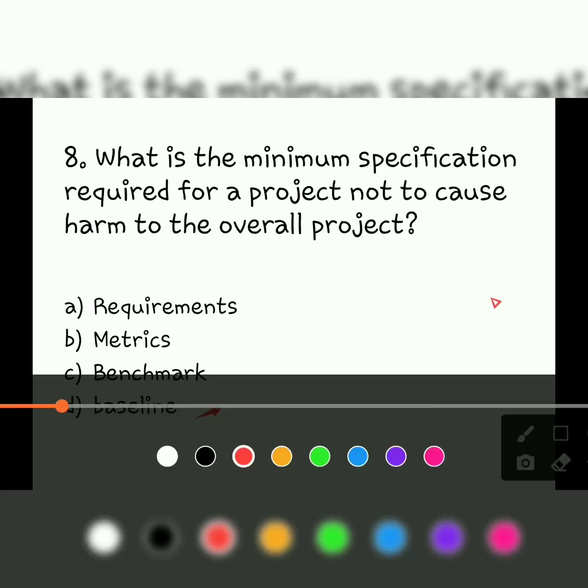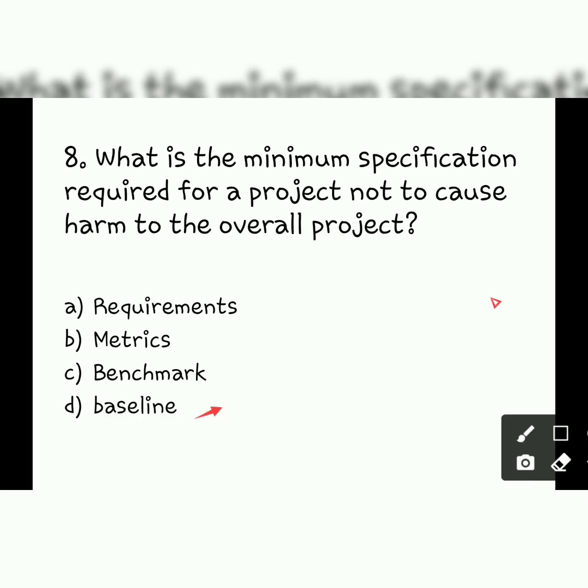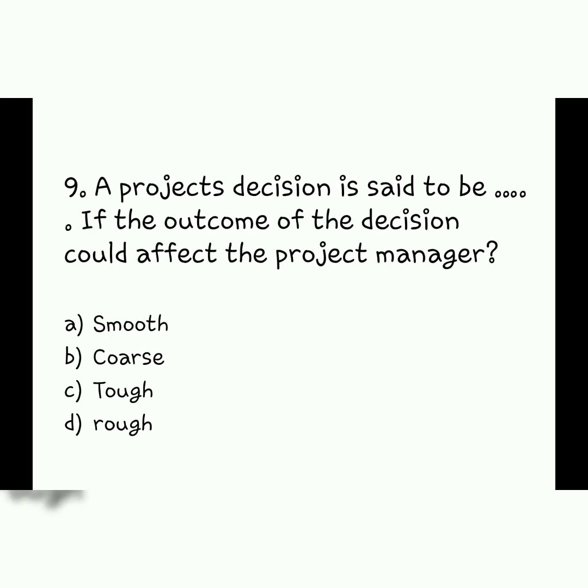We move to our 9th question. A project's decision is said to be dash if the outcome of the decision could affect the project manager. As a manager, there are some decisions you have to take.